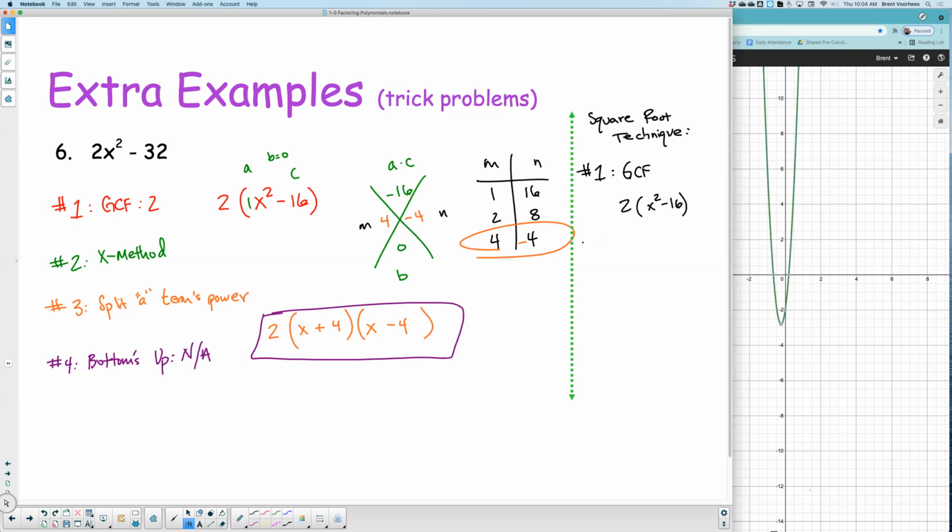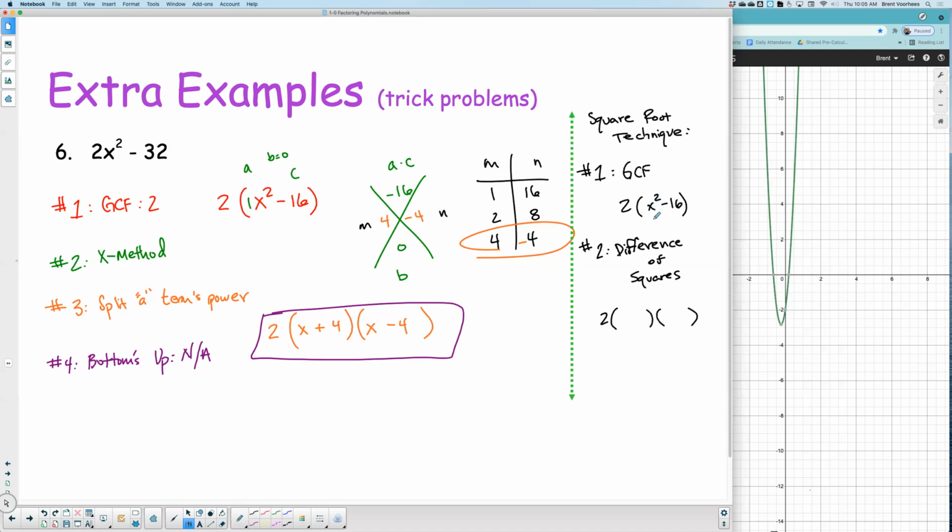And then the square root technique is technically difference of squares. That is an ugly F right there. I'm sorry. Difference of squares is the proper name. What you do is you take that parenthesis and you take the square root of each term.